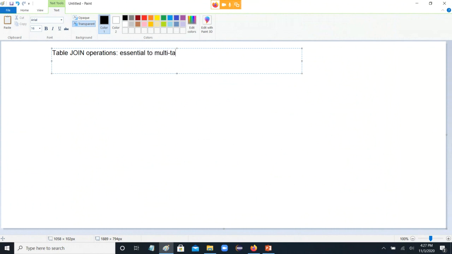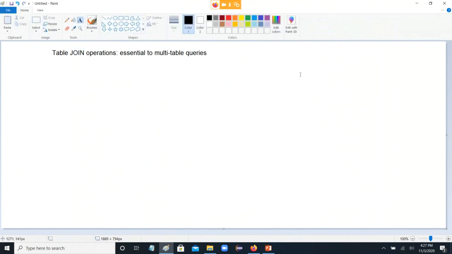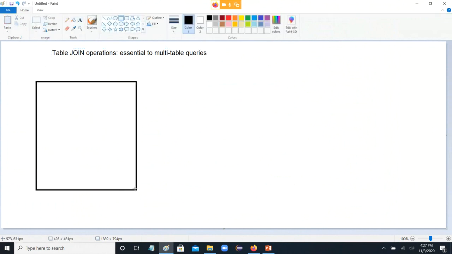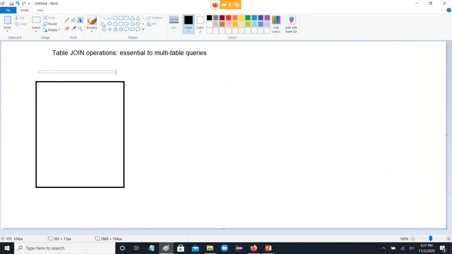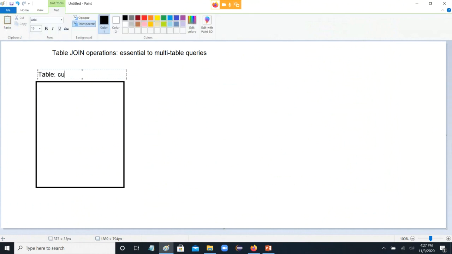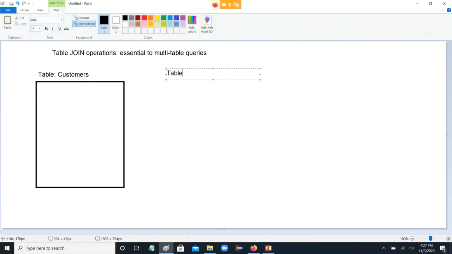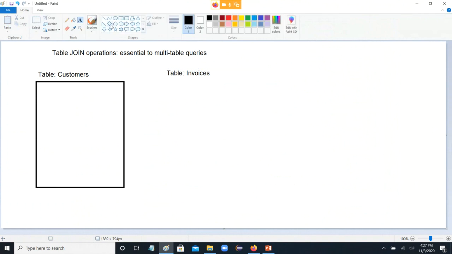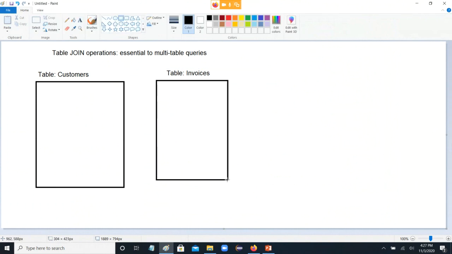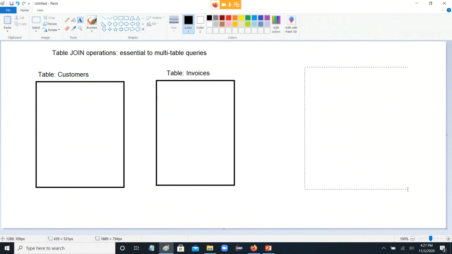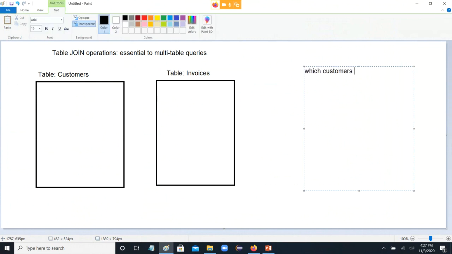Essential to multi-table queries. All right, so imagine you have one table of customers and another table of invoices, okay? And you have a very simple question. You want to ask which customers from the Chicago area have bought product X in the prior month.